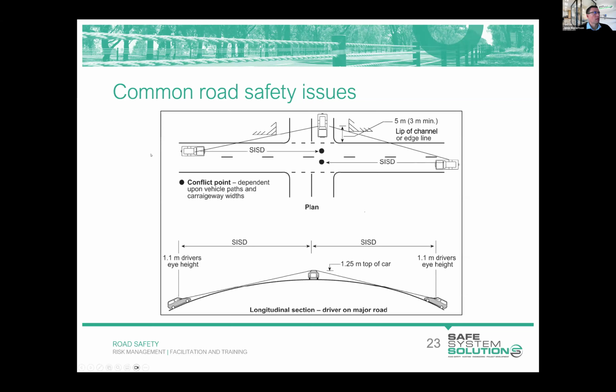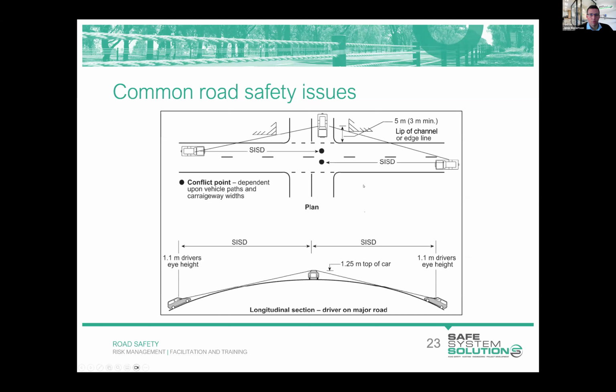And we want this vehicle to be able to perceive that, react, brake, and come to a stop before reaching that point. It's measured from the driver eye to the top of that vehicle, and I think we assume 1.25 meters, which is something like the 85th or the 15th percentile height of a passenger vehicle.